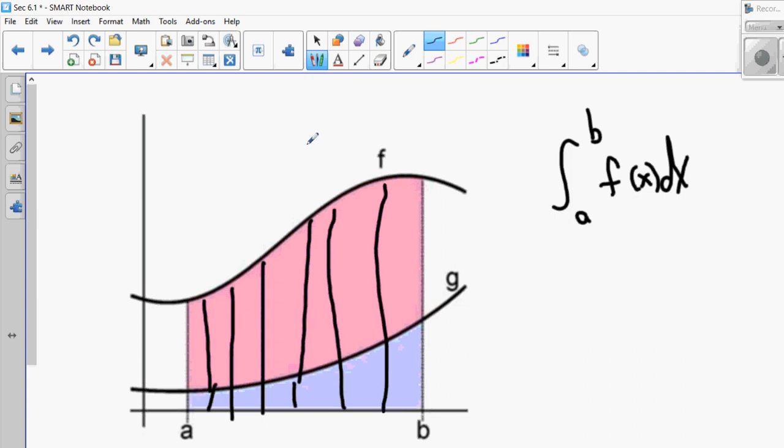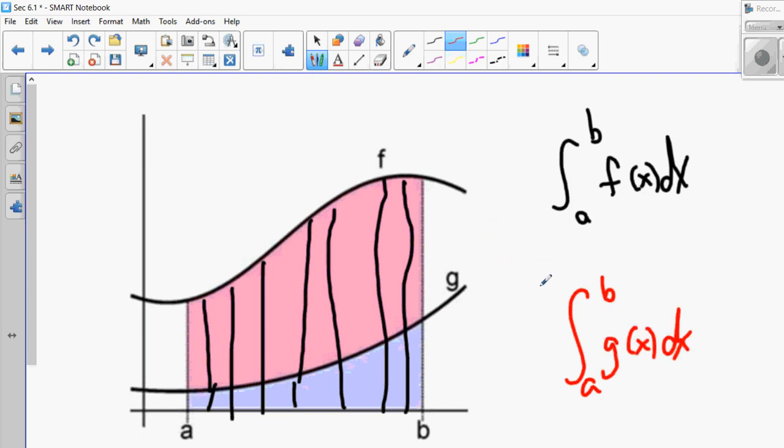If I found the integral from a to b of g of x, that is going to be this area underneath g and the x-axis.